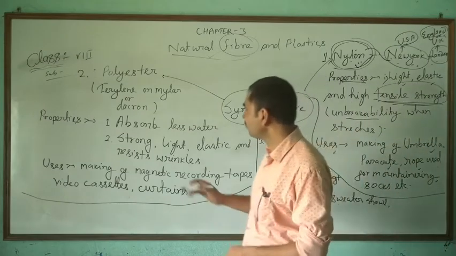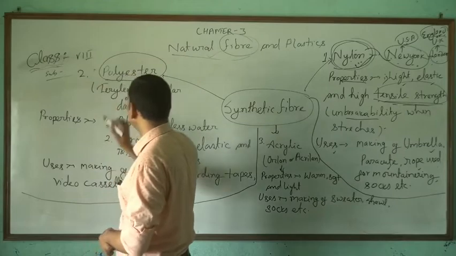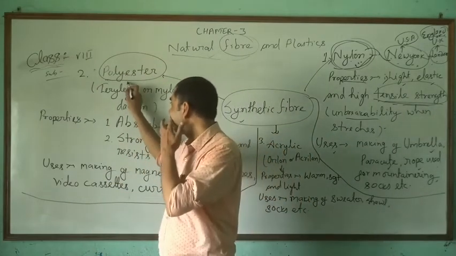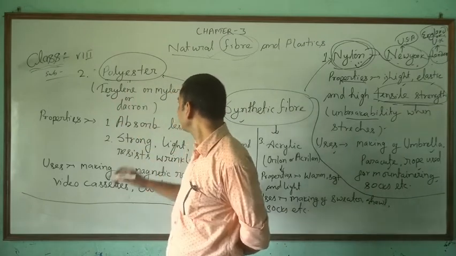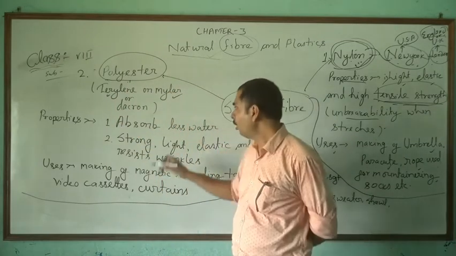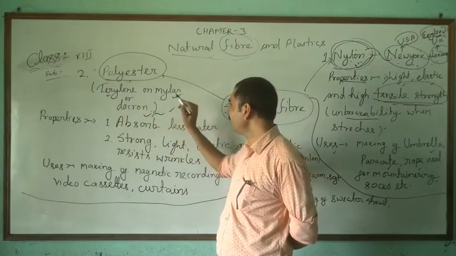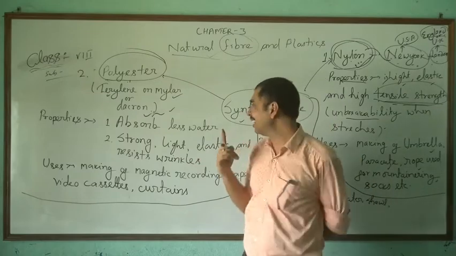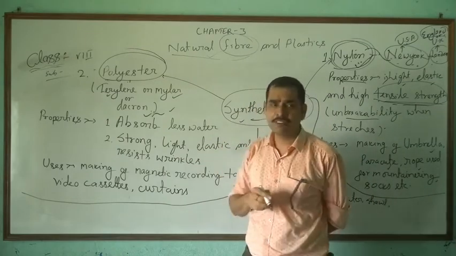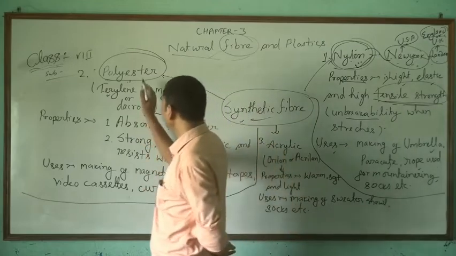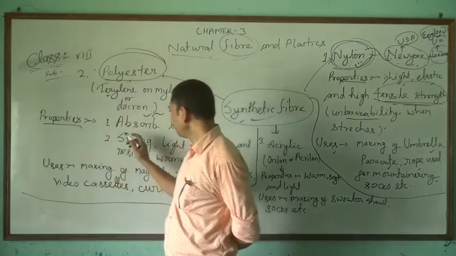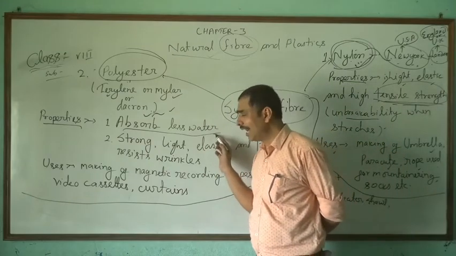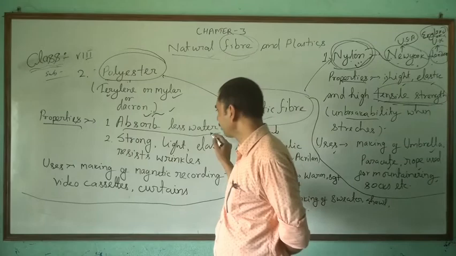The second fiber is polyester. Polyester is a synthetic fiber that is also known as terylene, mylar or dacron. These are the different names of polyester, four names for the same type of synthetic fiber. What are the properties of polyester? It absorbs less water than other synthetic fibers.